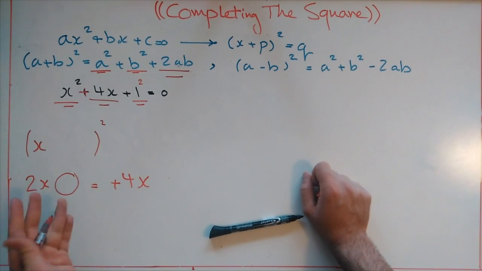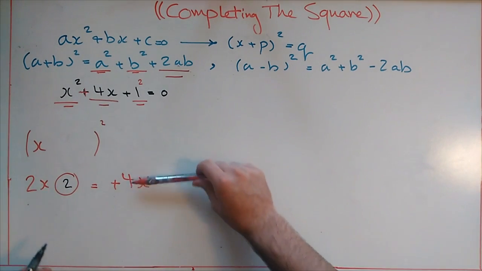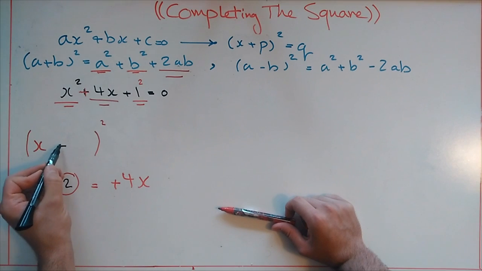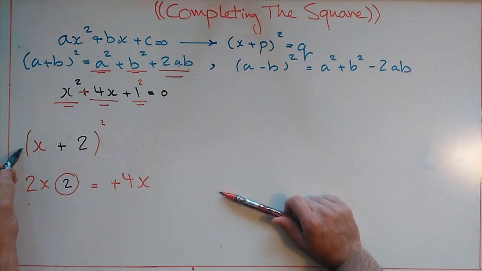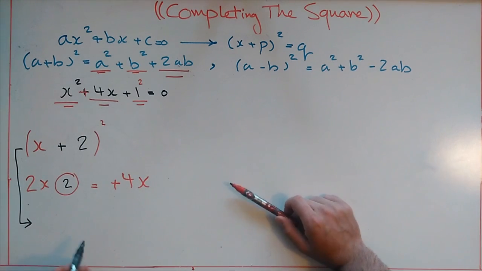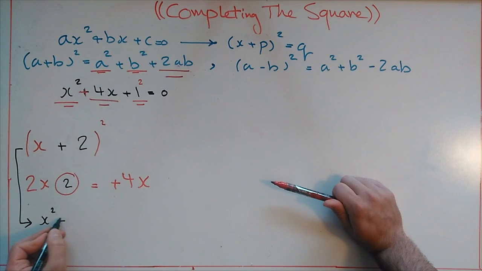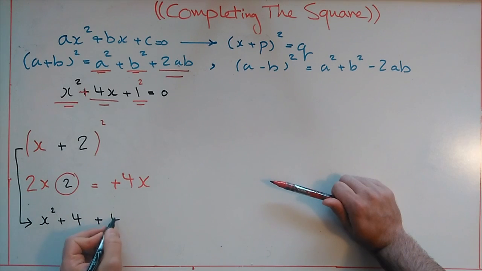Now obviously it is 2. It is positive 2. So I put positive 2 in here. Now the sum of this square, the product, is x squared plus 4 plus 4x.